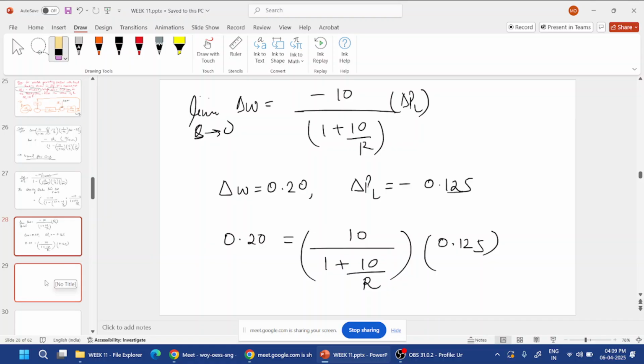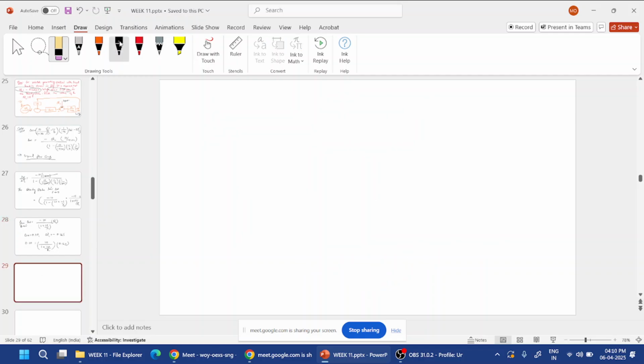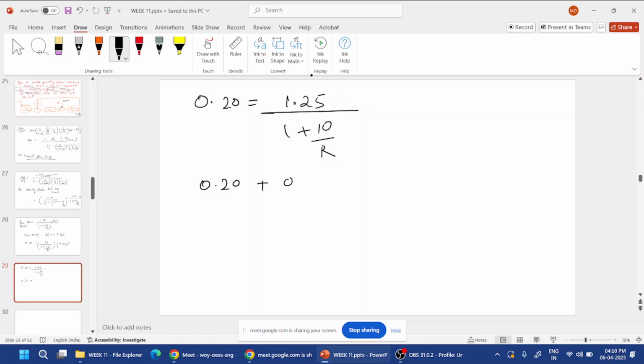So it will be 0.20 plus 0.2 multiplied by R equal to 1.25.